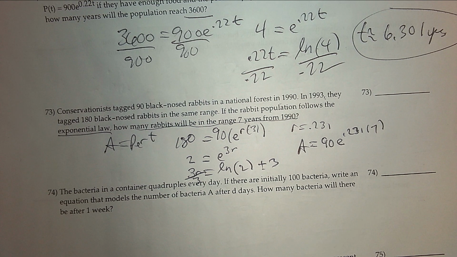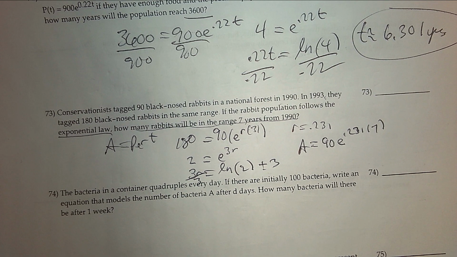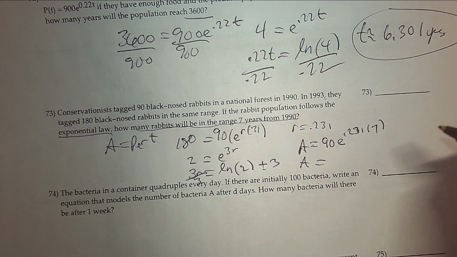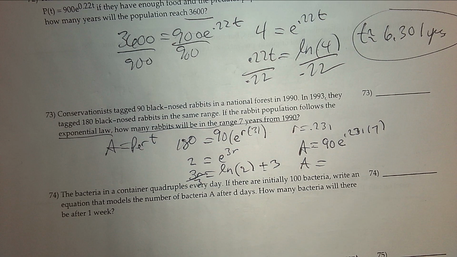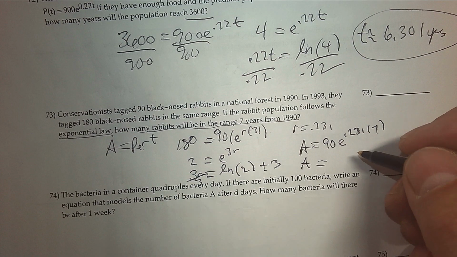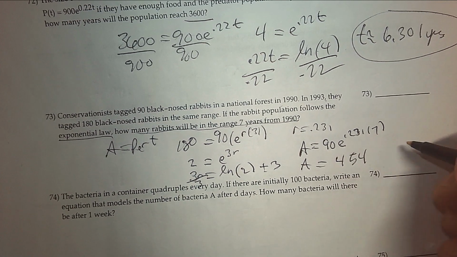Then I'm going to go 90e, and then I'm going to paste, times 7. And I get 454 rabbits.